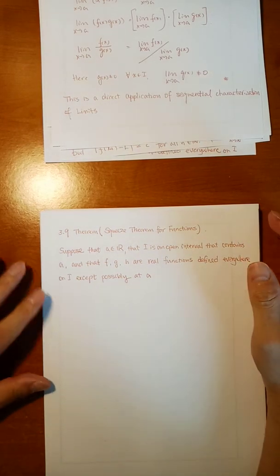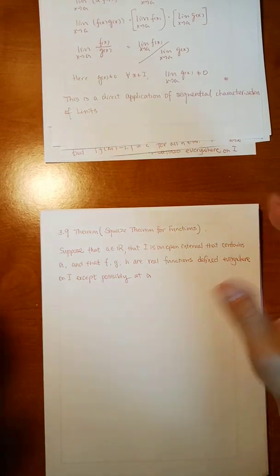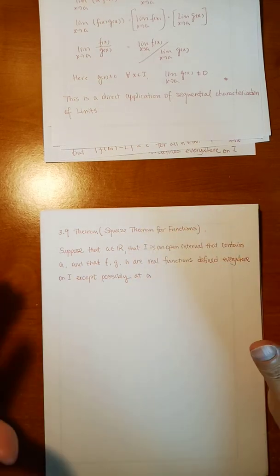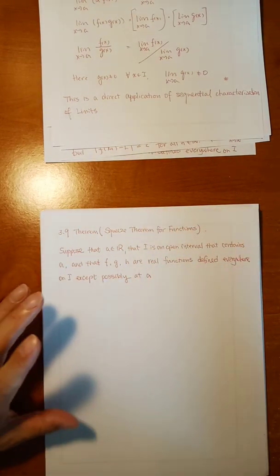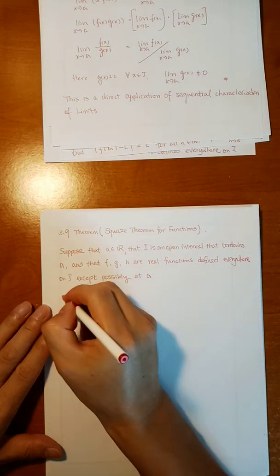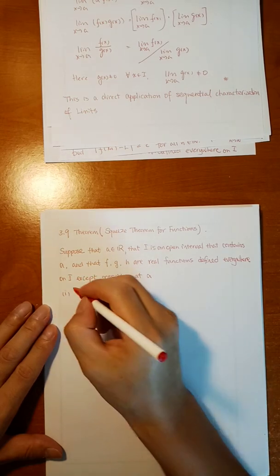We always write it because you have a point, you have a neighborhood, you have a function defined over the neighborhood except the point. It's a standard assumption.